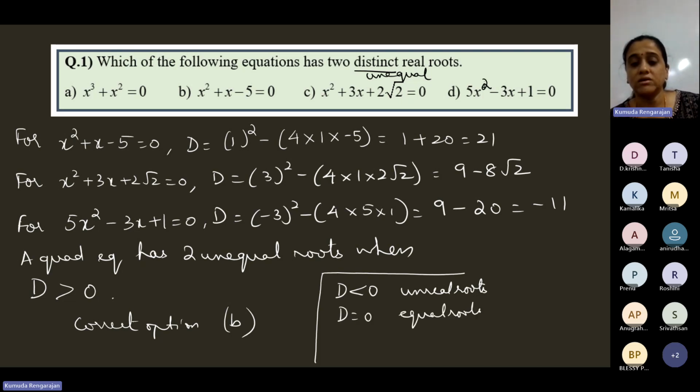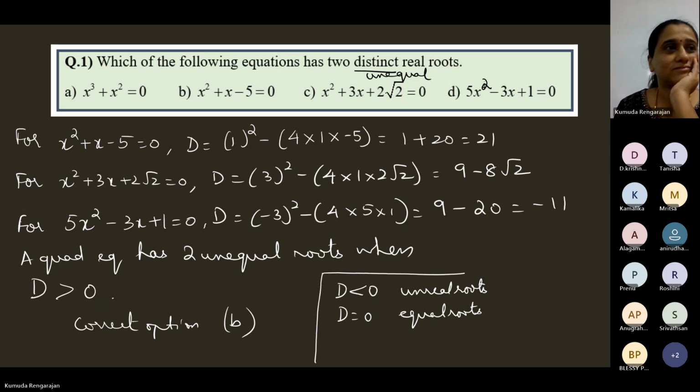Equal roots are also called what? Online children, equal roots are also called? Very nice.